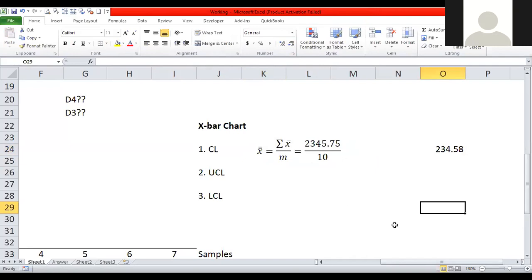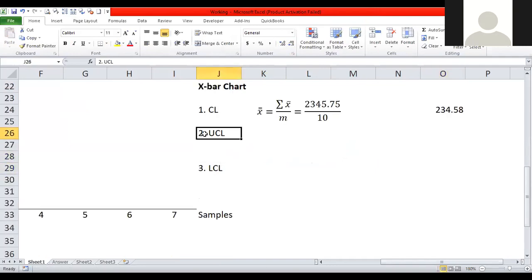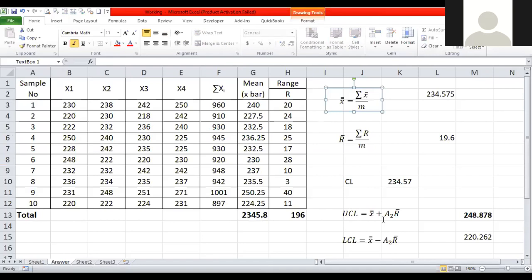Then we have to calculate the upper control limit. We can calculate it using this formula.